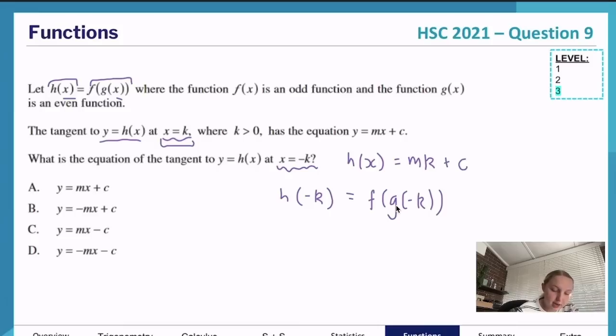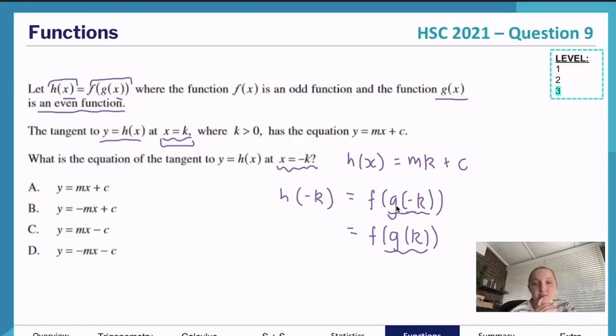our h of k is going to equal f of g of k, right? Because g of x is an even function. So this and this, whoops, should have done a bigger line, will be equal to one another.